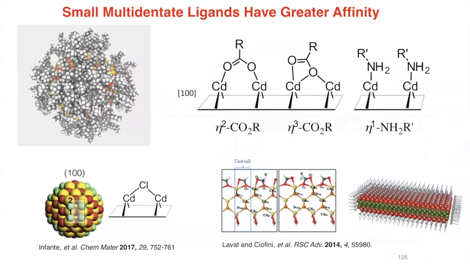And it turns out that the formation of that material is driven by the stabilization of the 100 facets afforded by carboxylate ligands. Very small ligands make that possible. Small ligands pack in high density, and they favor the 100 facet and lead to a thermodynamic preference for that type of facet and that type of shape.